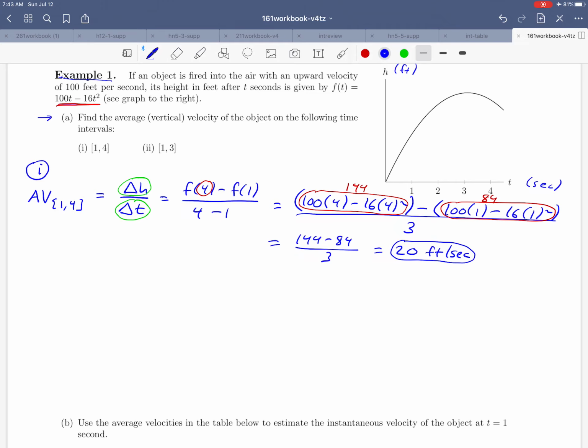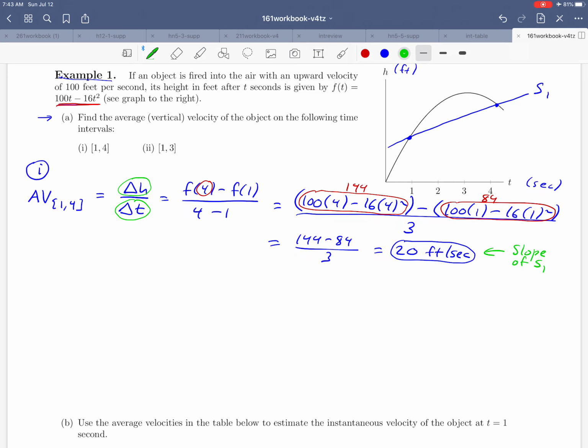That represents a slope, and in particular, if we find the two t values, 1 and 4, we just calculated the slope of the line that goes through those 2 points. I'm going to label that line S1 and just make a remark that that 20 is really the slope of S1.